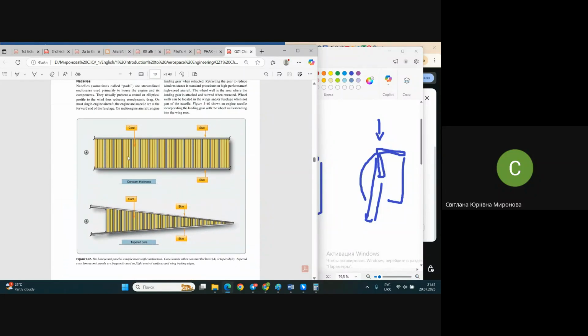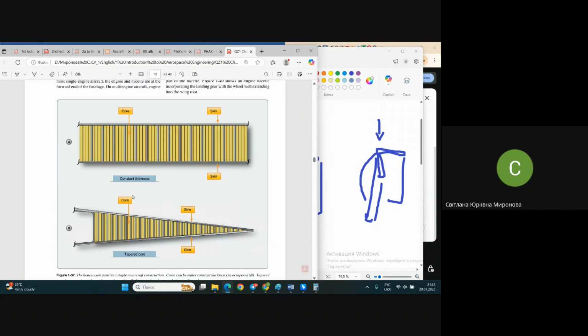Look, I said as a rule, sometimes, usually, typically, as a rule, but really the variety of structural design is indescribable. In this case, what they demonstrate in the picture is the so-called honeycomb structure, or sandwich structure.